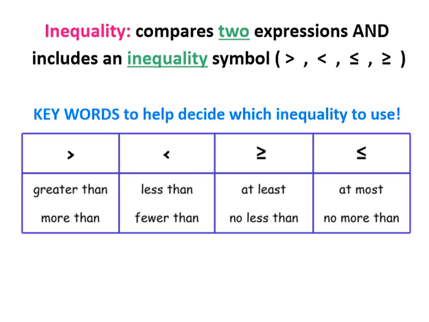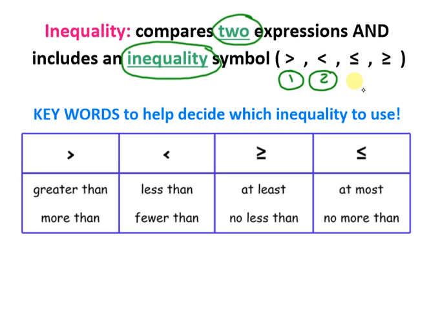So here's your definition of inequality. An inequality compares 2 expressions and it includes an inequality symbol. And let's talk about what those symbols are. So there's 4 symbols. The first symbol and the second symbol you have seen before. This symbol is called greater than, and this symbol is called less than.